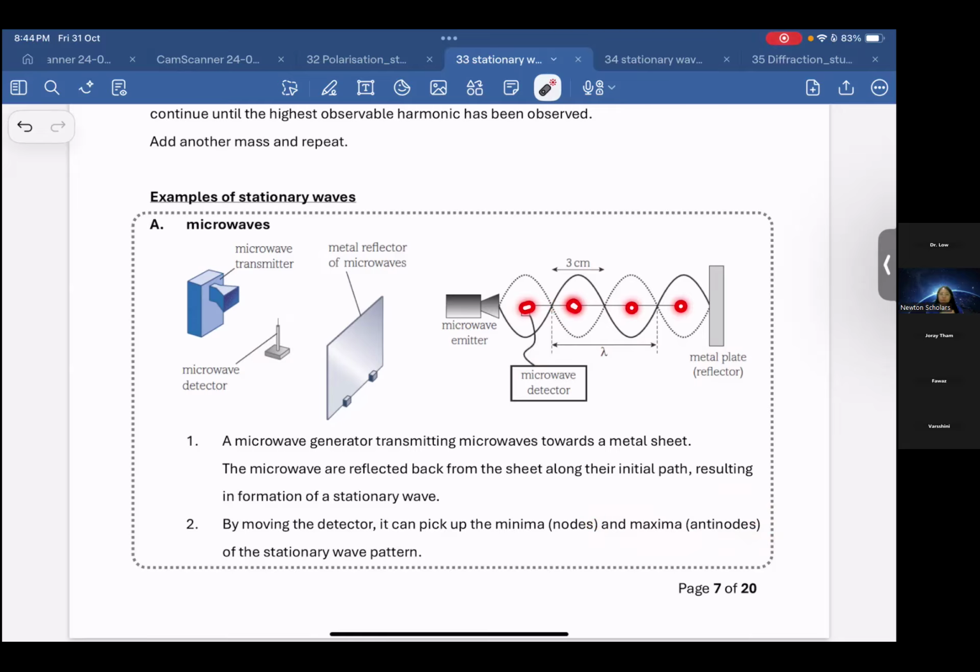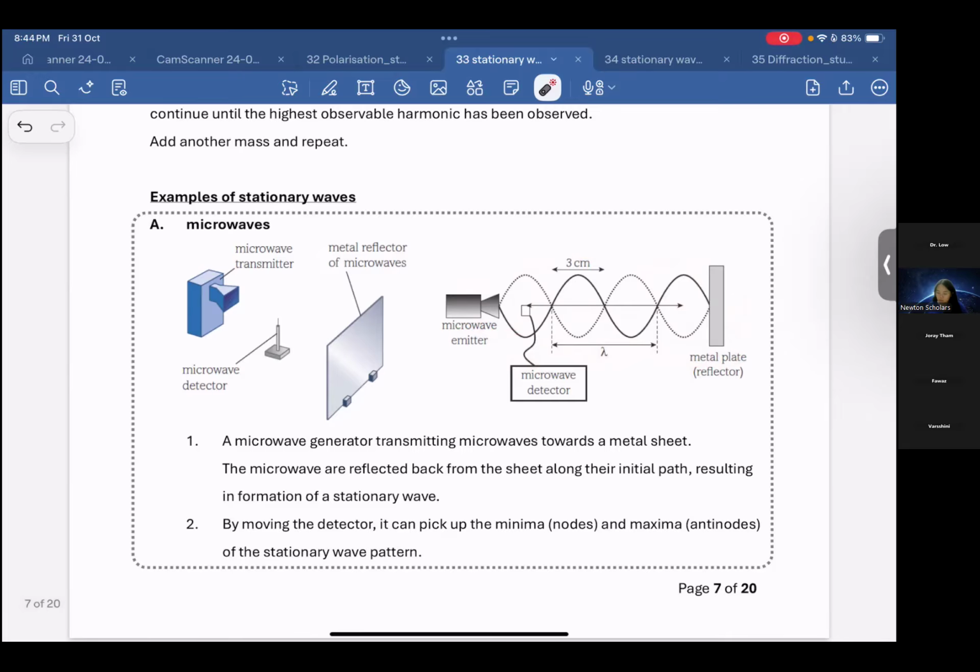They will tell you that, hey, I move along the line, I get 4 anti-nodes. So from their information of 4 anti-nodes, we can predict the pattern. We can know the pattern that we get along the path is actually like this. They might not draw it for you, but they tell you that I move the microwave detector along the path and I get 4 anti-nodes. 1, 2, 3, 4. Then we can draw this diagram out.